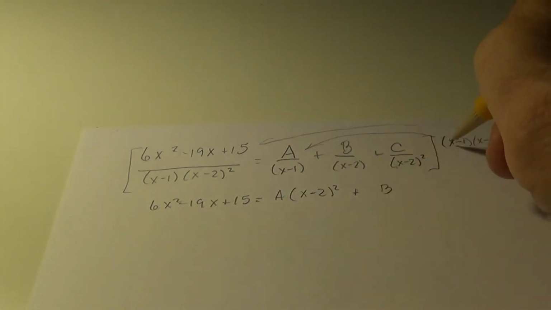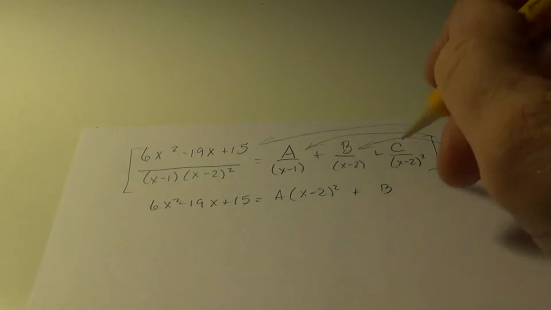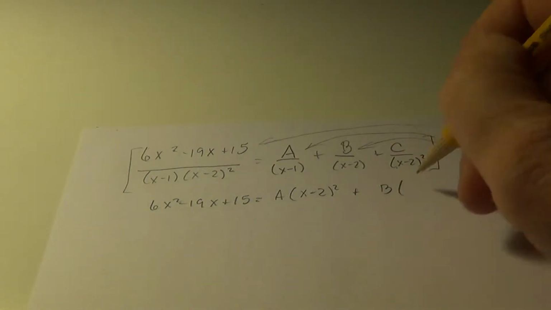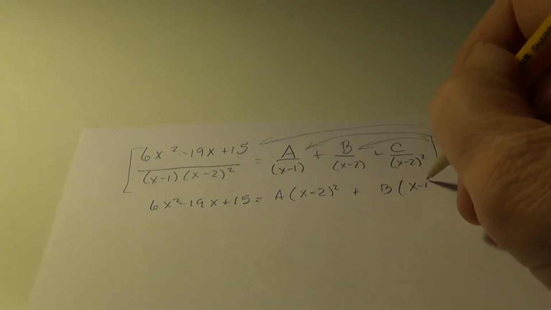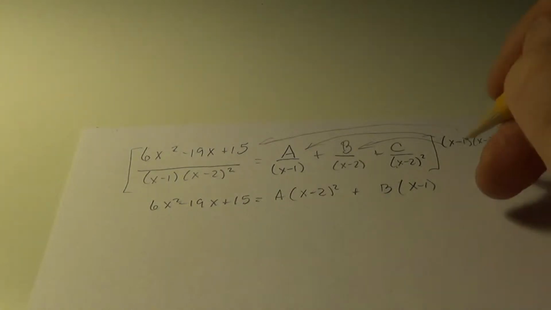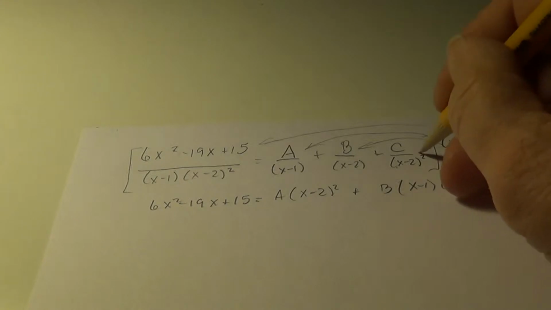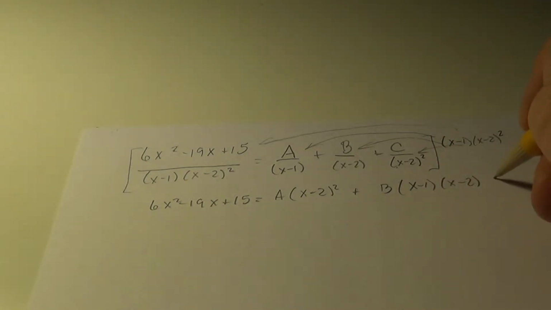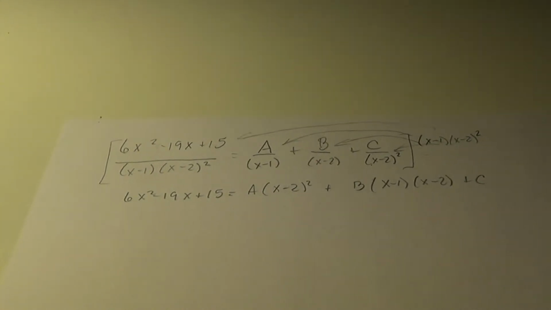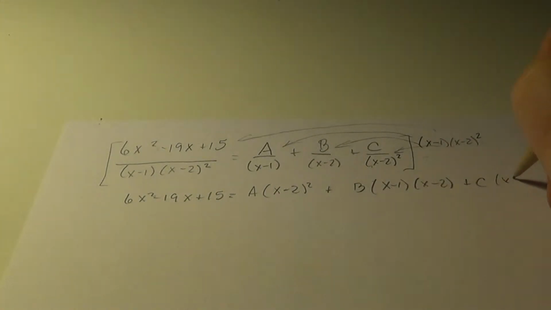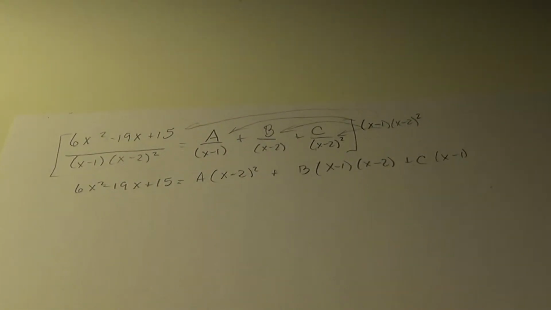And the B will give me an x minus 1, but only one of these x minus 2's cancel, leaving the other. And then here, both of my x minus 2's will cancel, leaving me a C times an x minus 1.